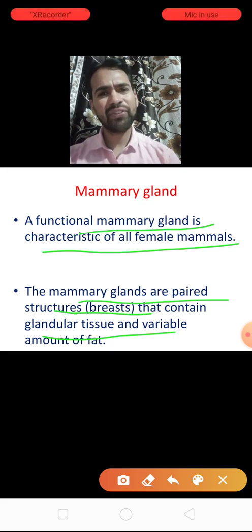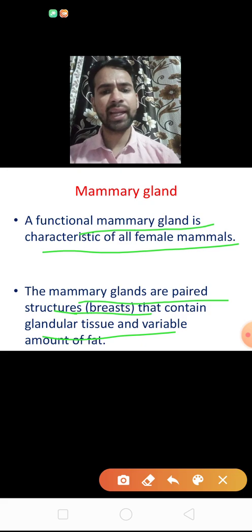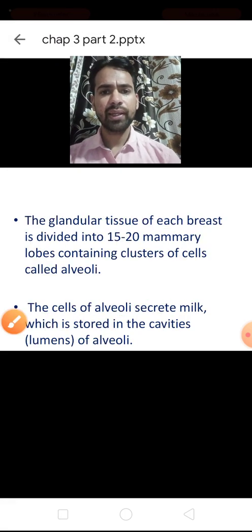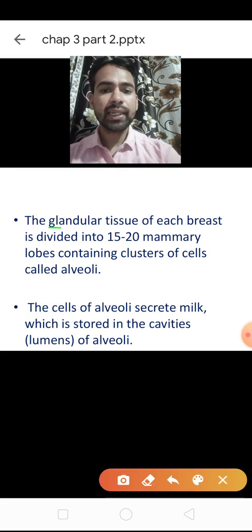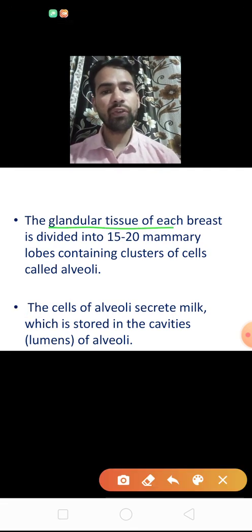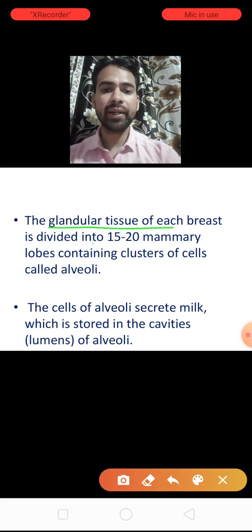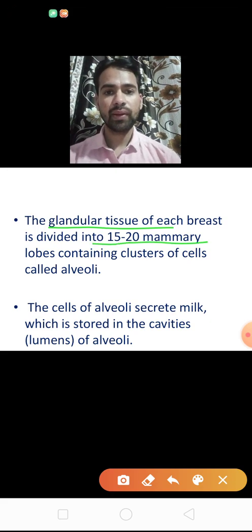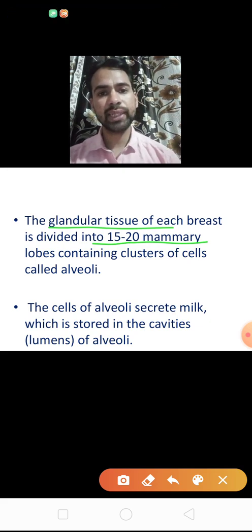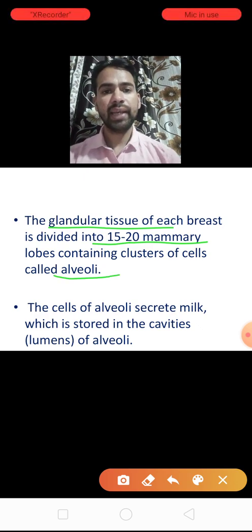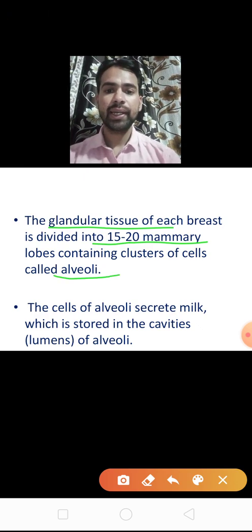The glandular tissue of each breast is divided into 15 to 20 mammary lobes that contain clusters of cells called alveoli.